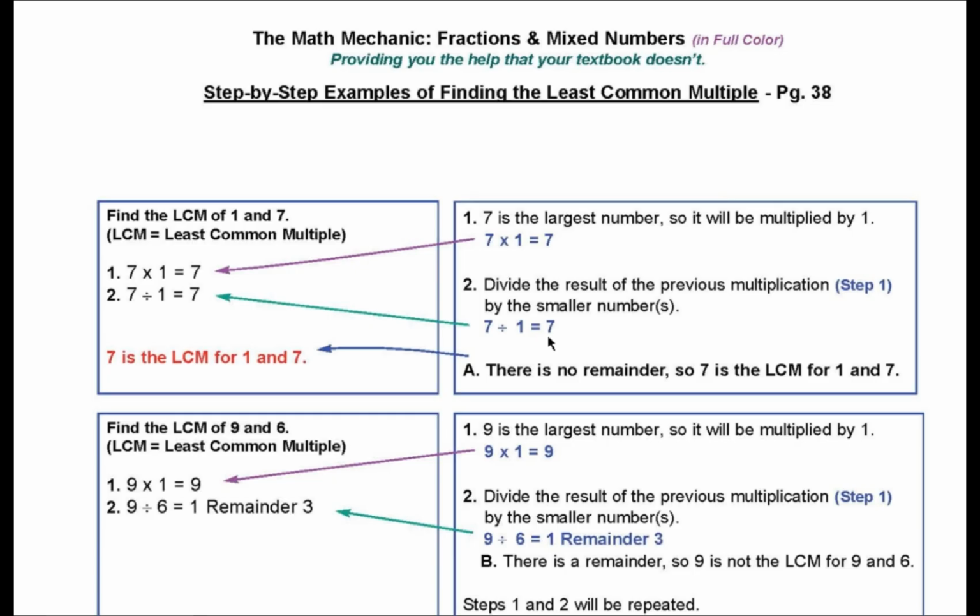So here, the division result is 7 with no remainder. Since there is no remainder, that means the result of the previous multiplication, which in this case is also 7, is the least common multiple.